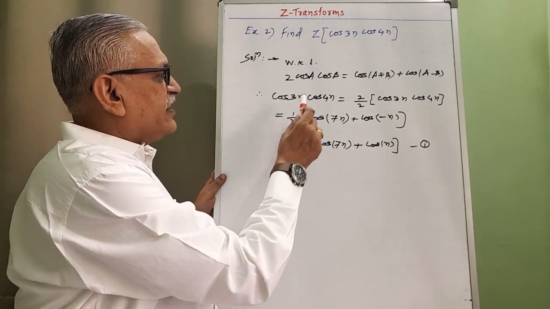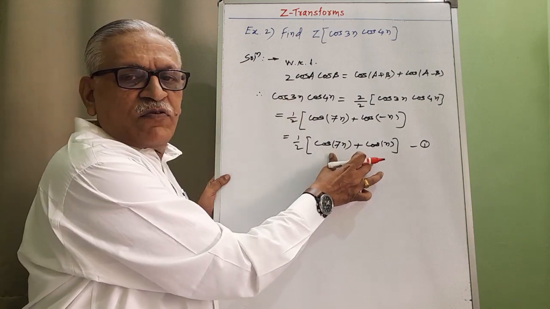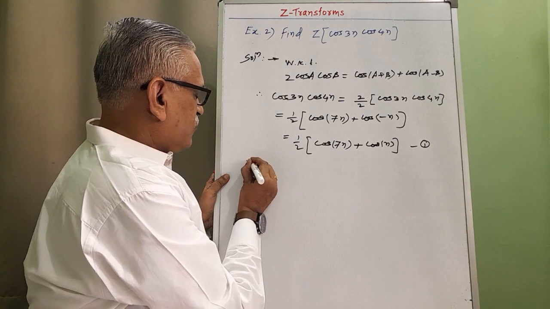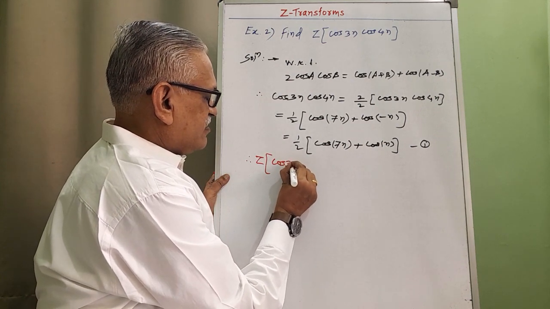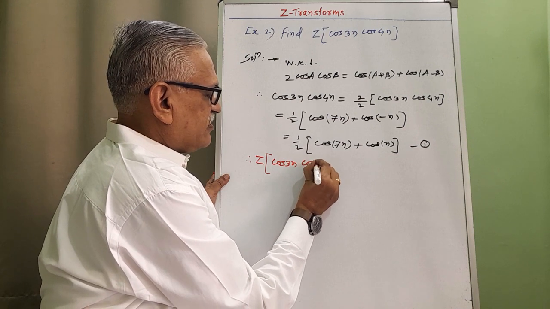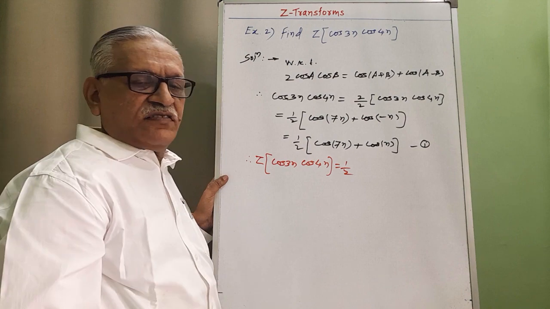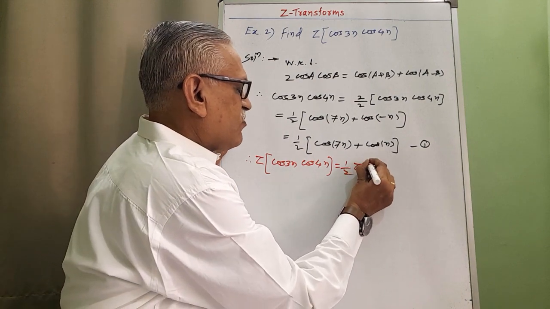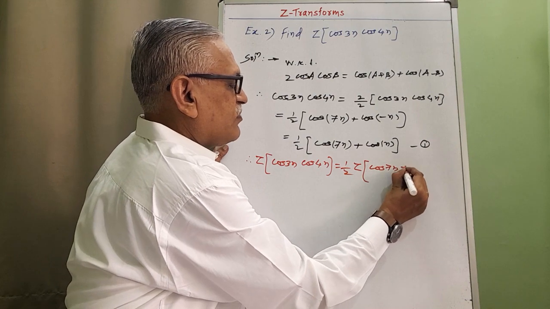Then taking Z transform on both sides, Z transform of the left hand side, Z transform of the right hand side, and therefore Z transform of cos of 3n into cos of 4n is 1 by 2 as it is, and Z transform of cos of 7n plus cos n.